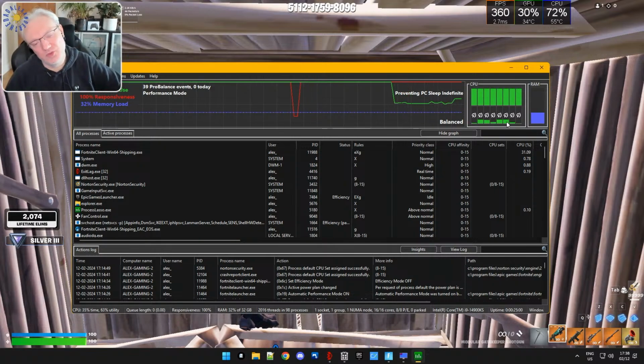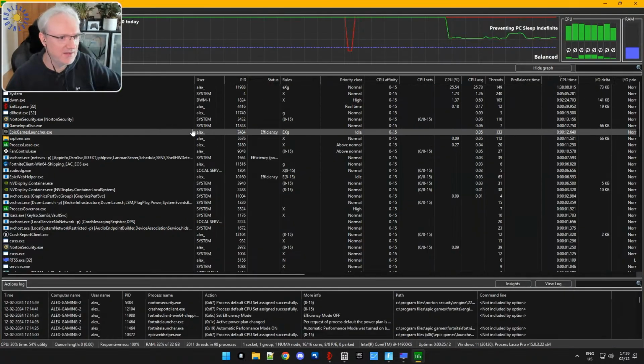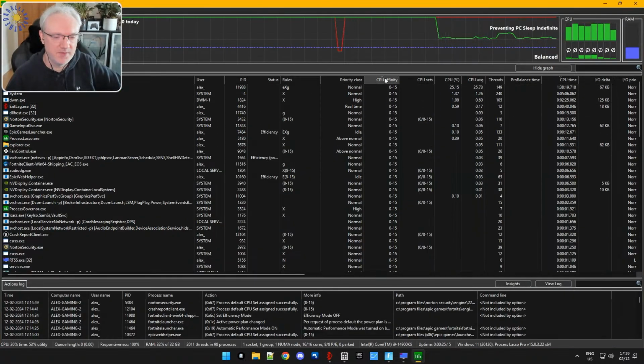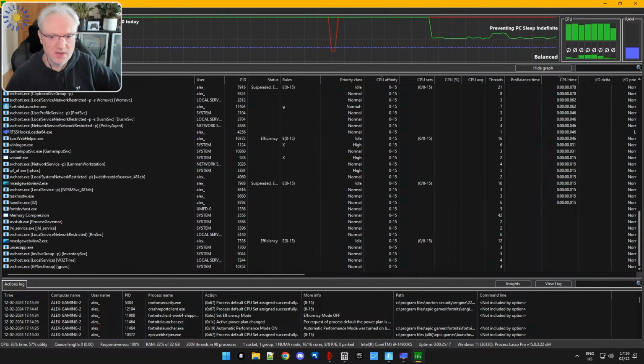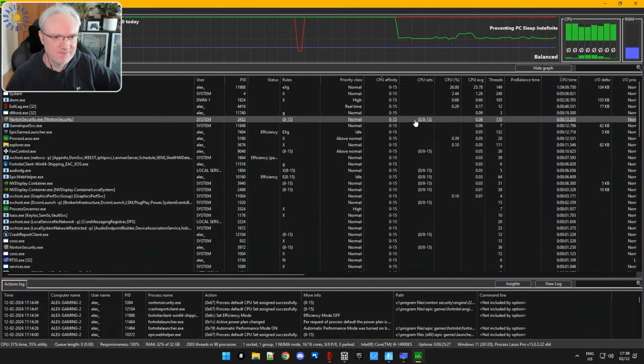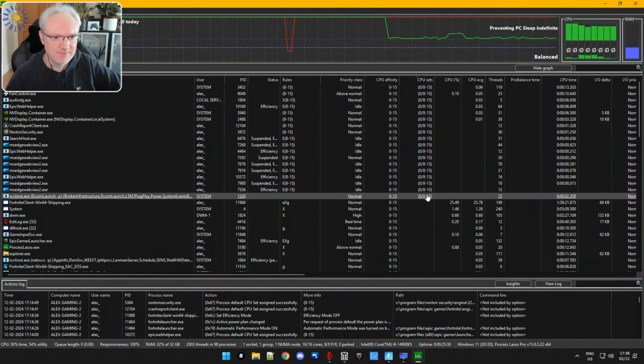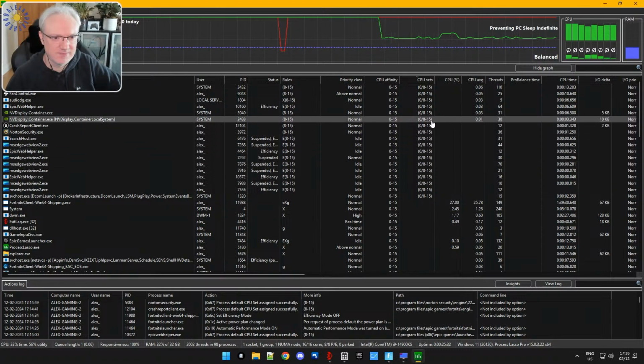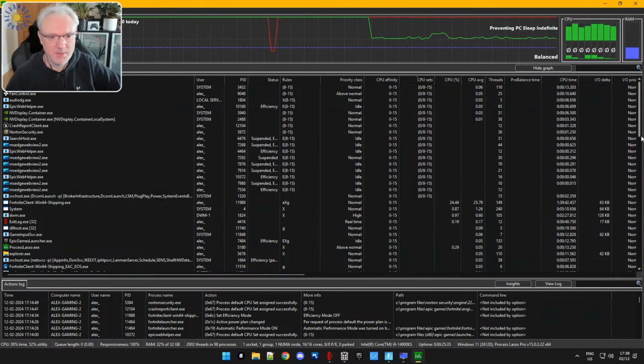Yeah, so I'm not really using E-cores. Look, it's using all the P-cores. This is DX12. Most of that stuff is because I've allocated CPU affinity to 8 to 15. Why is that being weird?